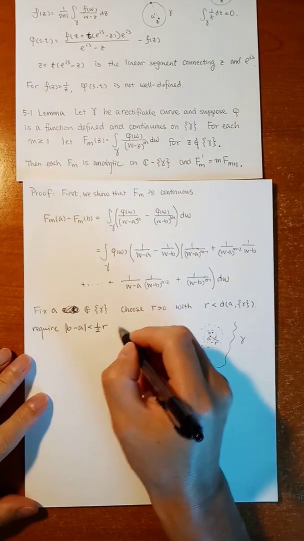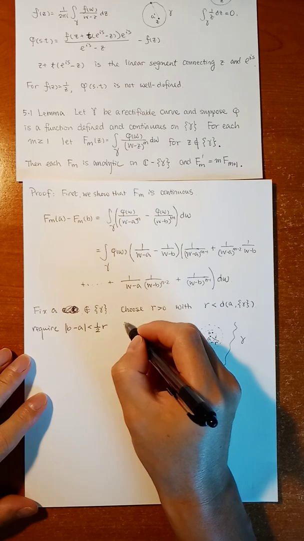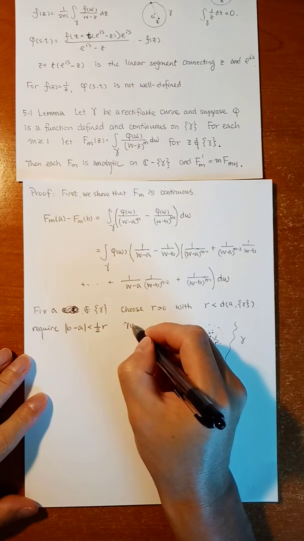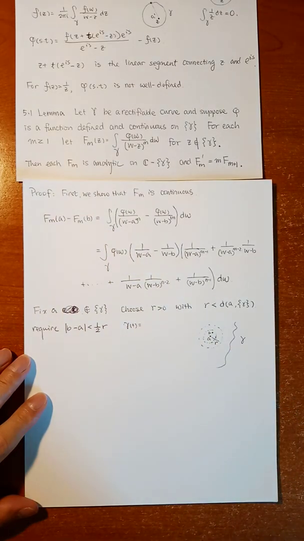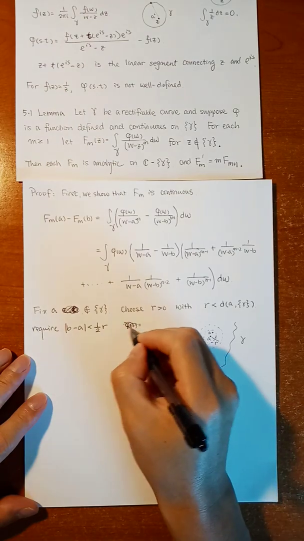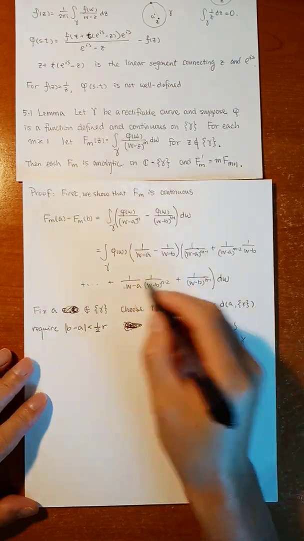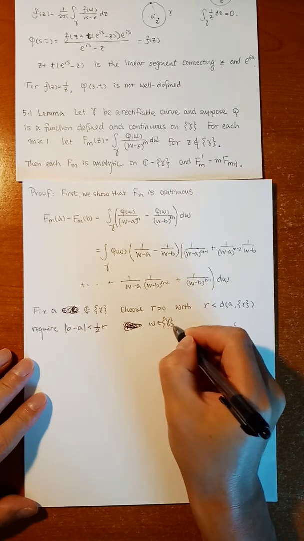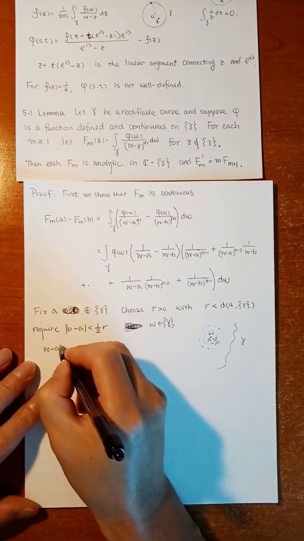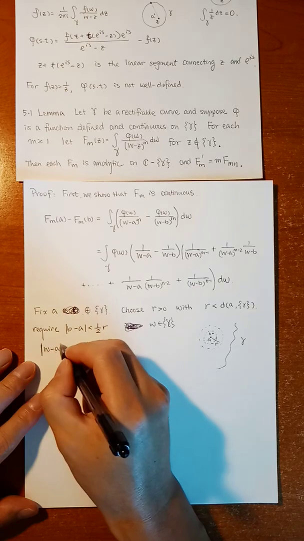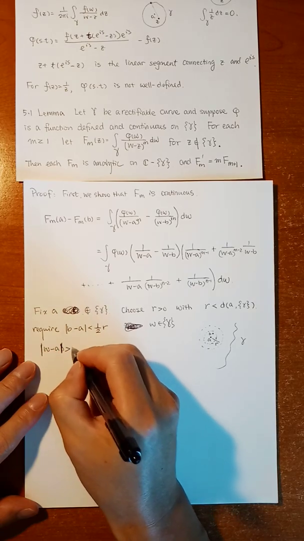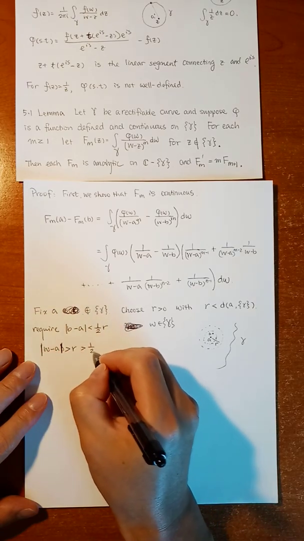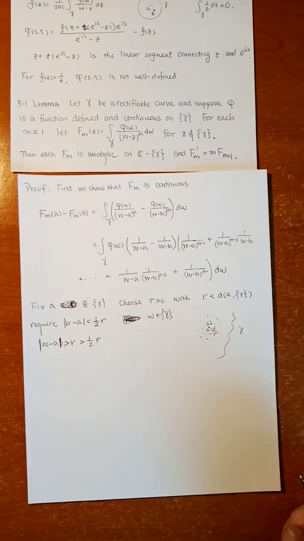And w, what is w? w is on gamma. So the distance |w − a| will be greater than r, of course greater than 1/2 r.